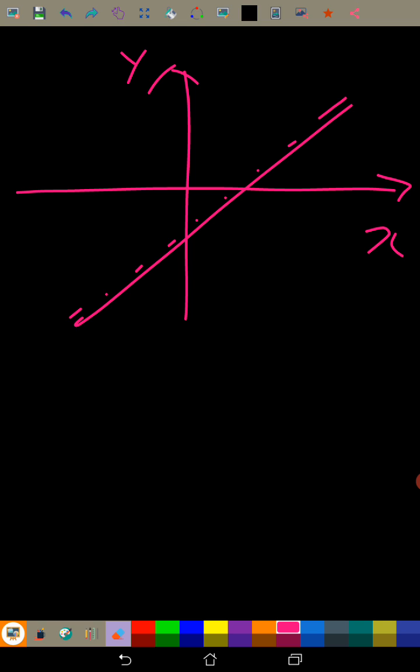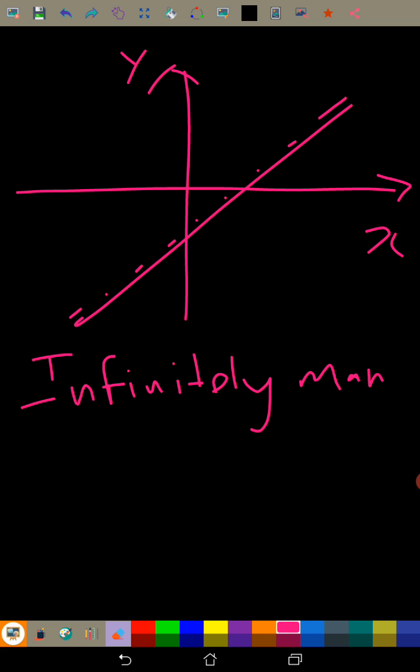So here we have infinitely many solutions. So at all places on the line, there are solutions. Basically, there are two exact lines.